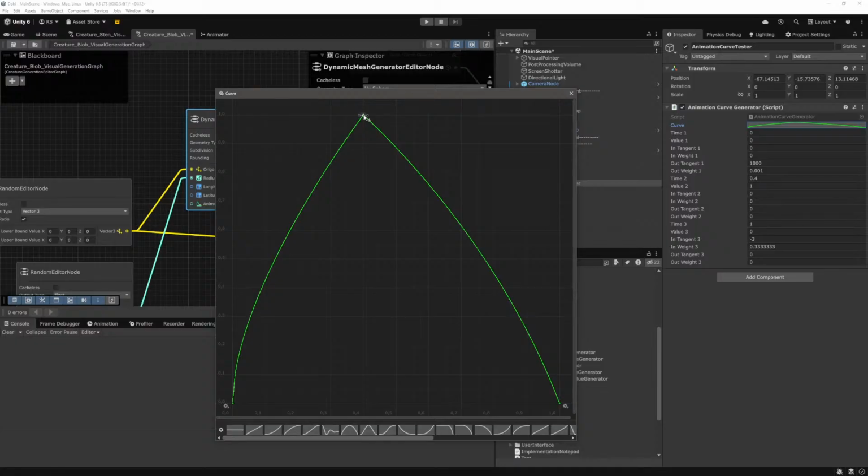Weight, not so much, honestly. Between 0 and 1, I reckon, it's between 0 and tangent, pretty much. I would guess.